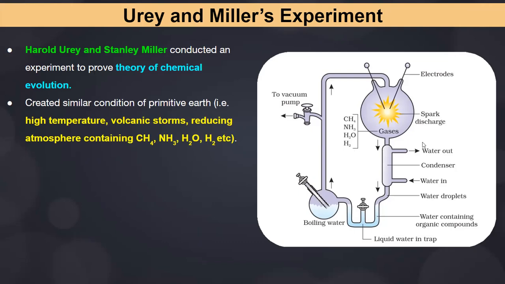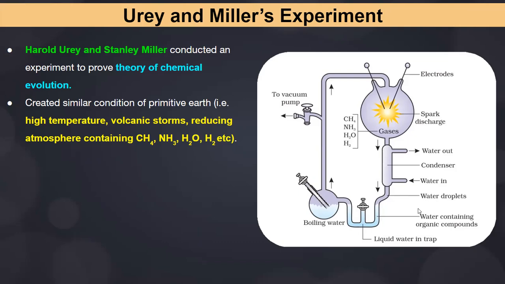They took this spark discharge apparatus, as you can see over here, a closed system of glass. You will see water, and electrodes are placed over here. Then a flask for boiling water, a side tube connected to the vacuum, a cooling jacket over here, and then a U-shaped trap somewhere over here.